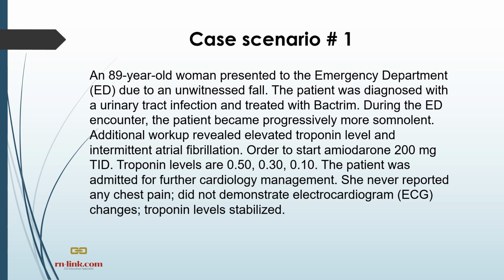Order to start amiodarone 200 mg TID. Troponin levels are 0.50, 0.30, 0.10. The patient was admitted for further cardiology management. She never reported any chest pain and did not demonstrate electrocardiogram, ECG, changes. Troponin levels stabilized.